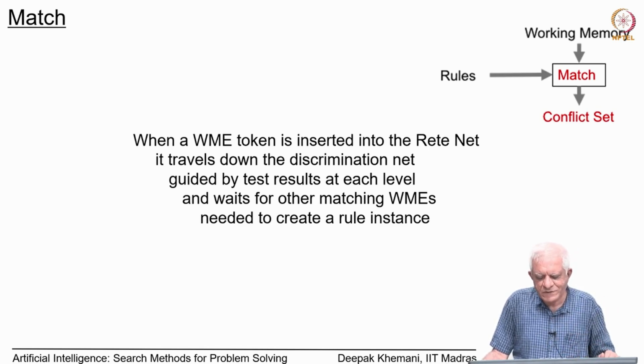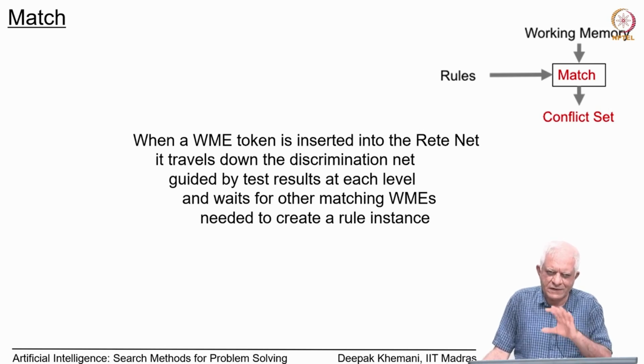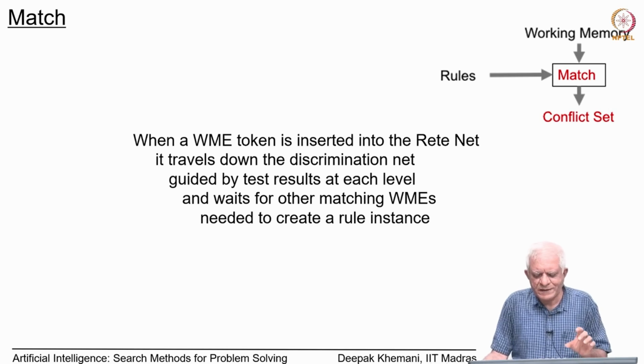We have seen that alpha nodes have tests associated with them, and the token eventually waits for other matching working memory elements needed to create a rule instance. So, in the alpha network it goes as far down as it can, and then it is waiting to be summoned by a beta node essentially.